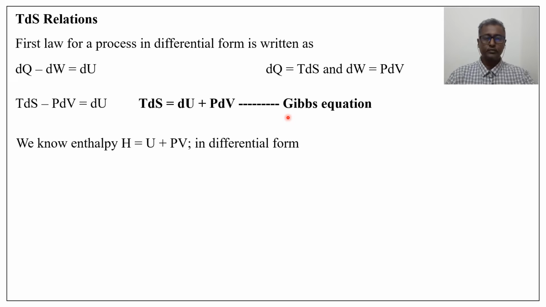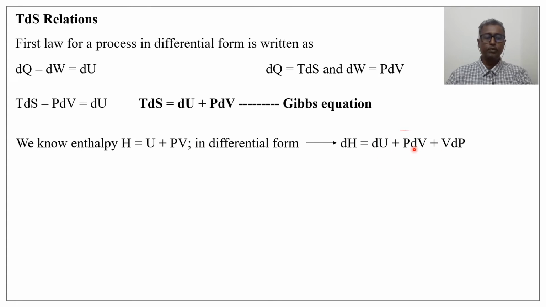Also, we know enthalpy H is equal to U plus PV, and in differential form this equation takes this form: dH is equal to dU plus PdV plus VdP. This PdV plus VdP comes from differentiation by the UV method. Now consider this equation.